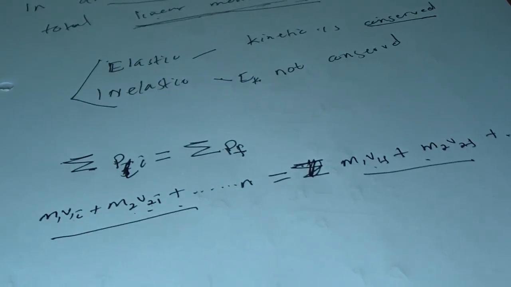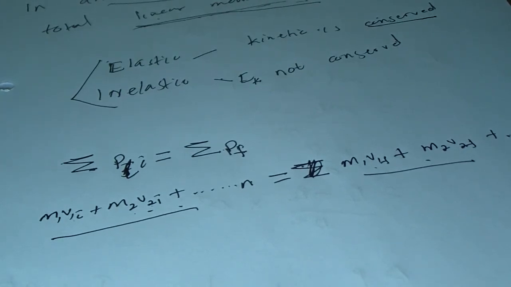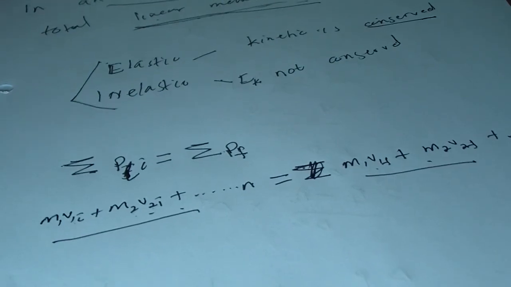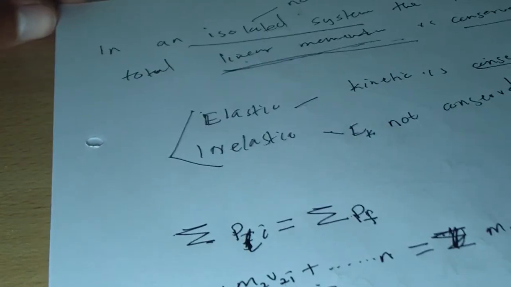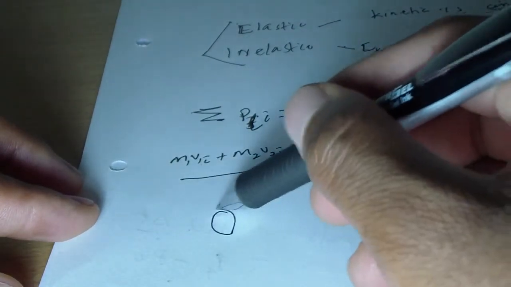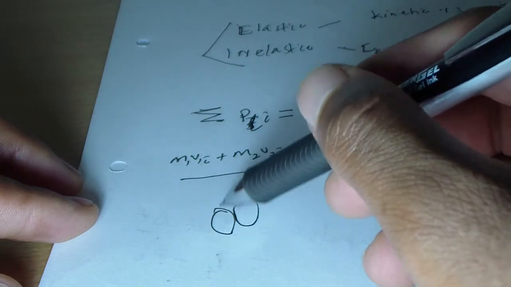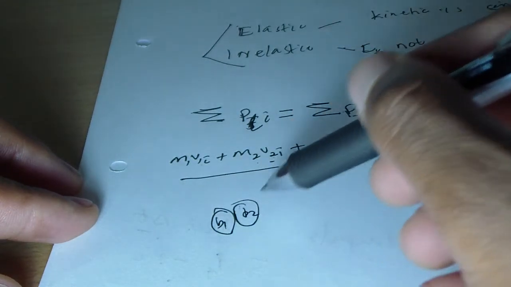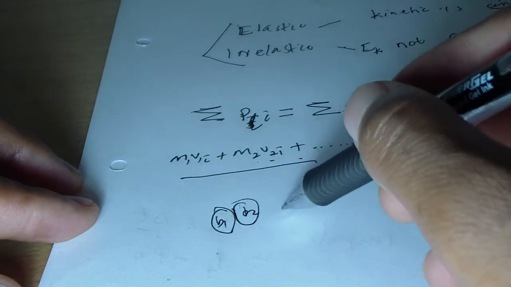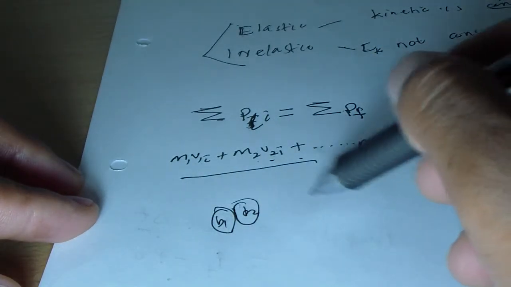Now, let's see how we use all these things in calculations. Before we start with these calculations, there are some things I need you to understand. When we're dealing with these calculations, we're going to start with the bodies. Some of these bodies will start as one. So we might have body 1 and body 2 joined together before the collision.